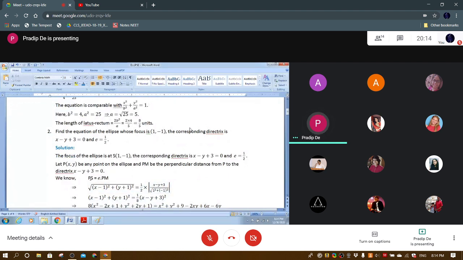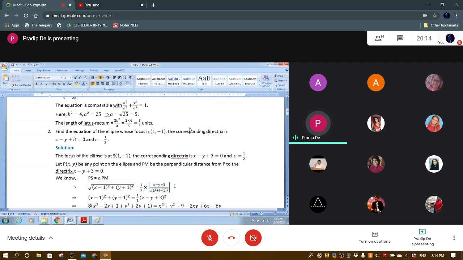P is x, y. S is 1 comma minus 1. So this is the distance PS. Distance formula is equal to E into PM. Now E is half. That is given. E is equal to half. What is PM? PM is the length of the perpendicular drawn from the point x comma y to a straight line x minus y plus 3 equal to 0.